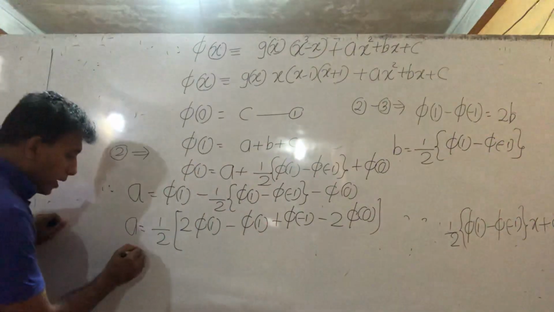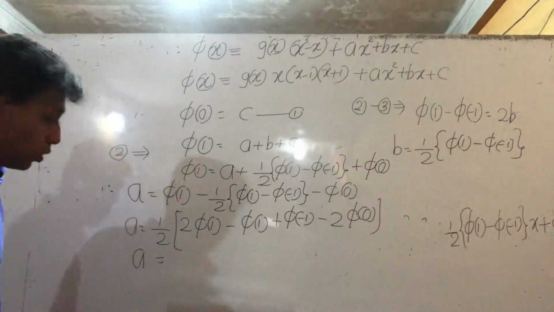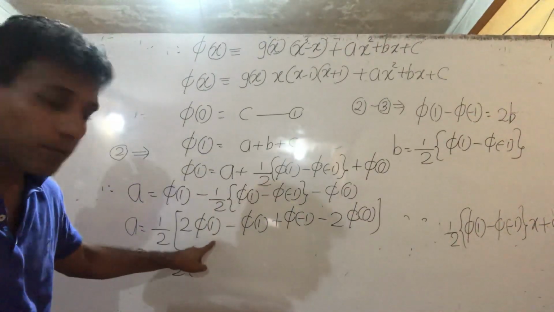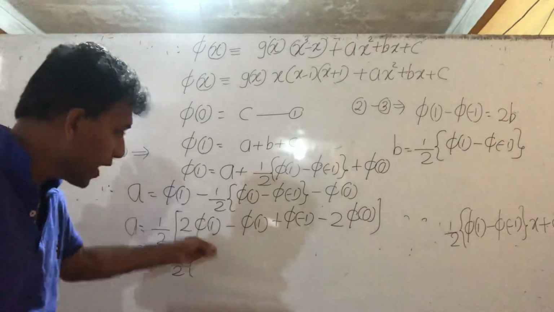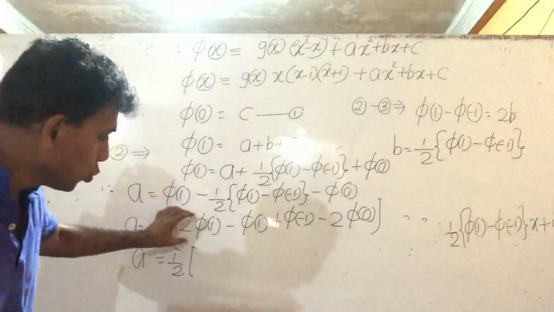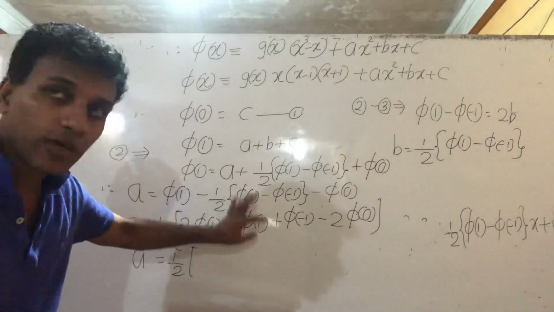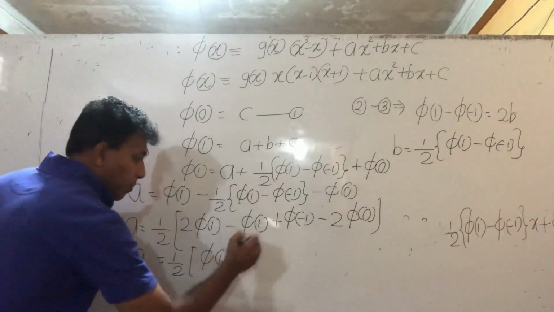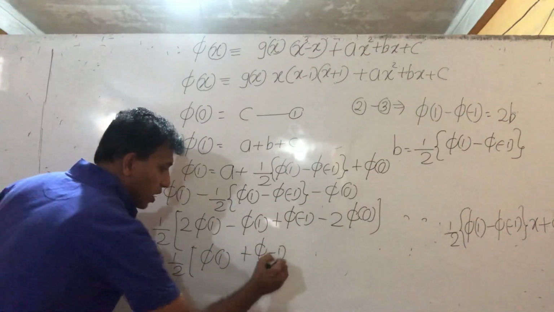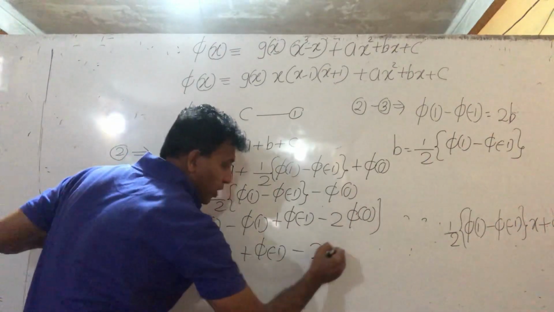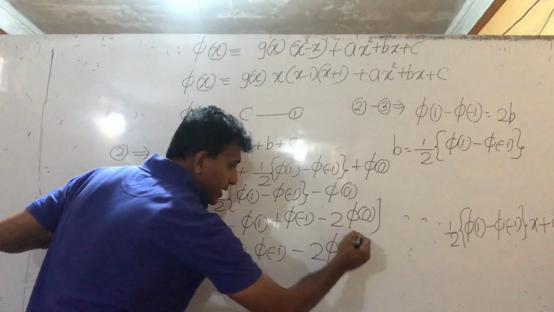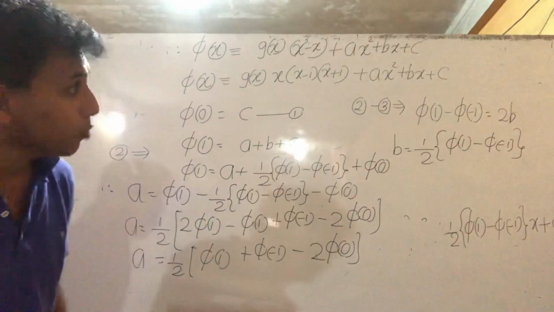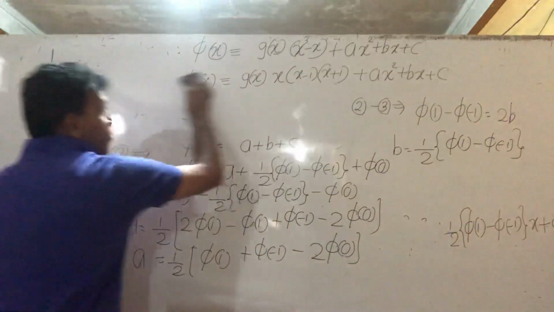Then finally A equals half into 2 phi of 1 minus phi of 1, that is phi of 1, plus phi of minus 1, minus 2 phi of naught. It's a completely symbolic pattern, right? That's all. So you know A, you know B, you know C. We have the right answer.